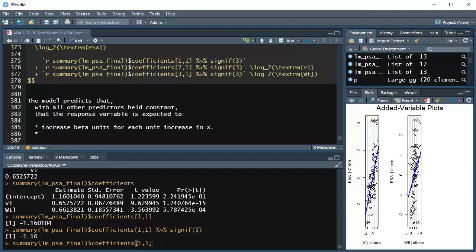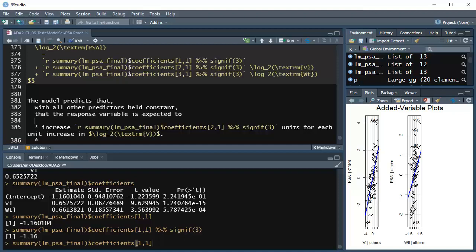Okay, increase for the first variable, that's this number up here. And there's the volume. Okay, increase that number value units for each unit increase in the log of the volume. We've got to wrap this in dollar signs since it's an equation.